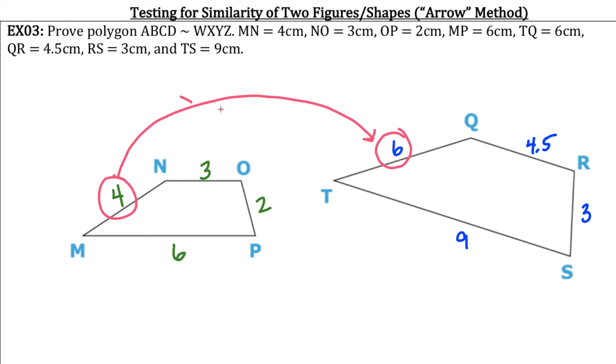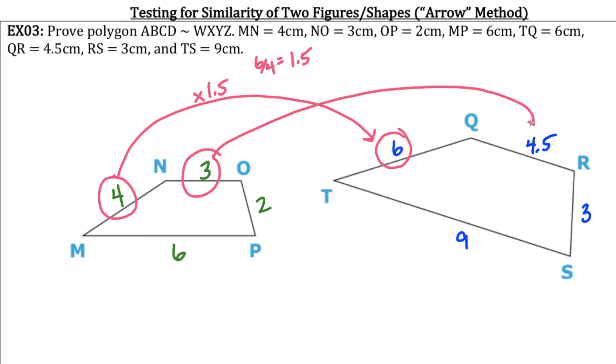I'm going to write that right here. 6 divided by 4 is 1.5. So this is really times 1.5. And I would do 4.5 divided by 3, which is 1.5. So this is times 1.5.